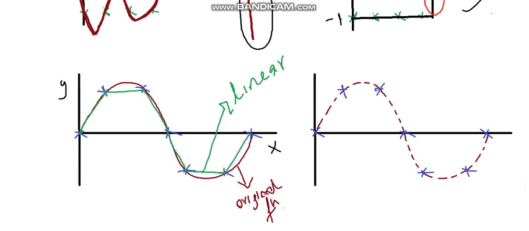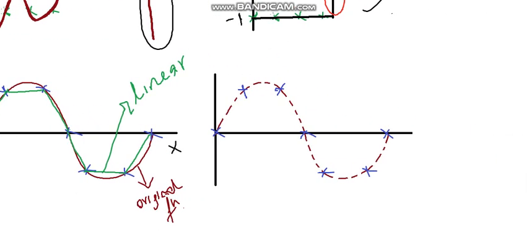Then if you consider the same case for the quadratic interpolation, quadratic spline interpolation, we will get a much more accurate curve. For example, if you consider the same data for quadratic, then we will get a curve like this. That one will be more accurate to the original curve than the linear interpolation.